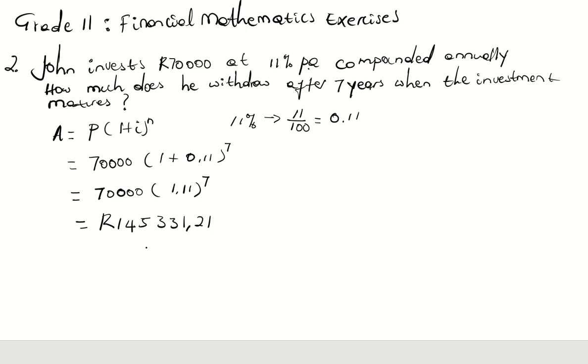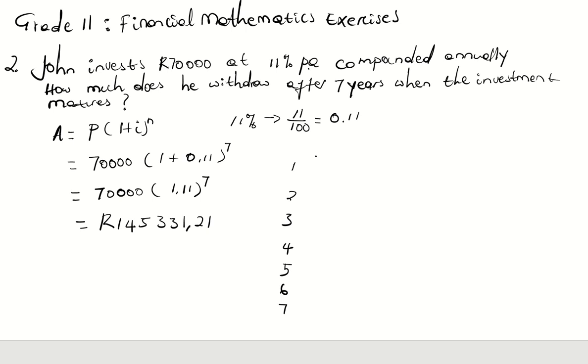Again, if you want to work out how much interest he made, it is the 11% of 70,000 accumulated over 7 years. So what this means basically is that, if we were to talk a little bit more in detail on how compound interest works, okay, there's 1, 2, 3, 4, 5, 6, 7 years.